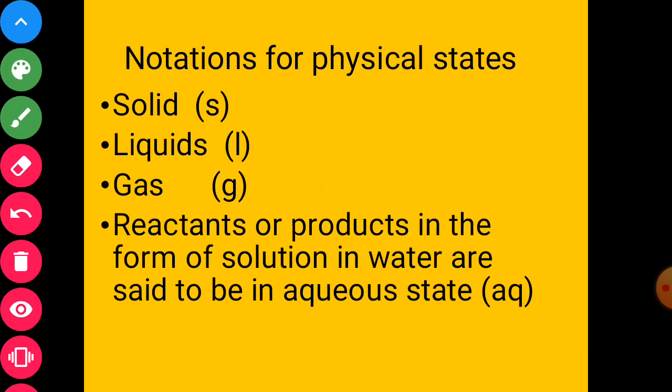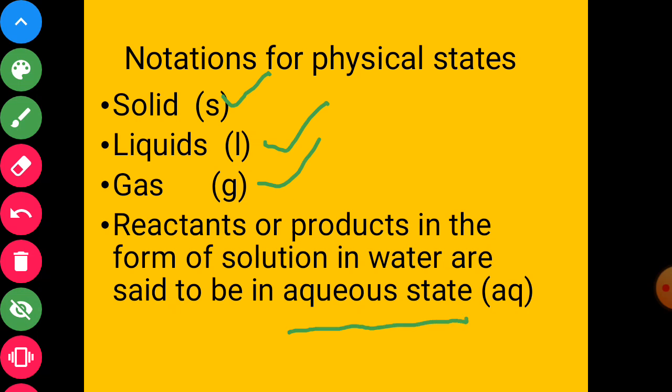We use some notations when it comes to mentioning the physical states of reactants and products. If it is solid, then we use this notation. If it is in liquid, then we use this notation. If it is in gas, then we use this notation. The important thing is, if a reactant or product is in the form of solution in water, we say that it is in aqueous state.